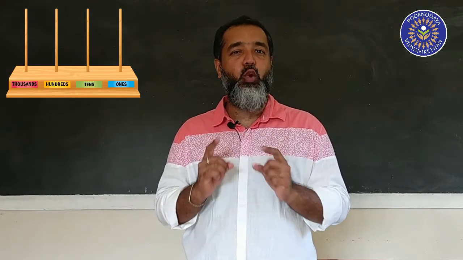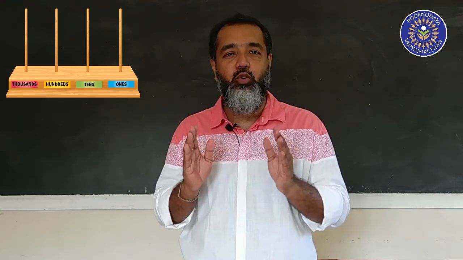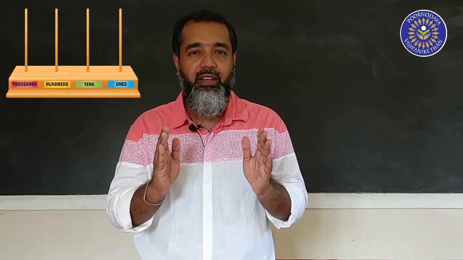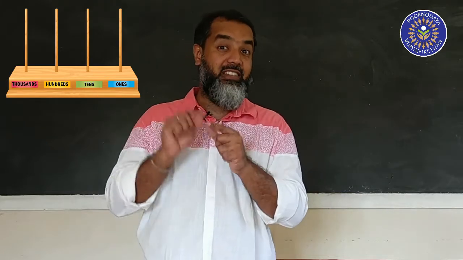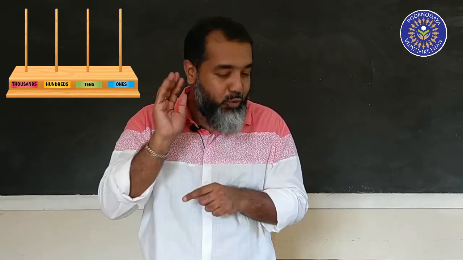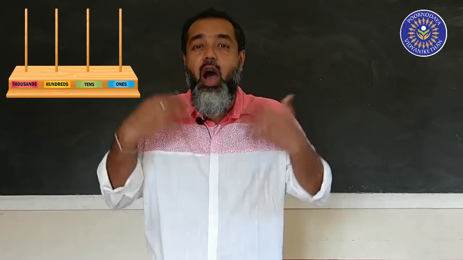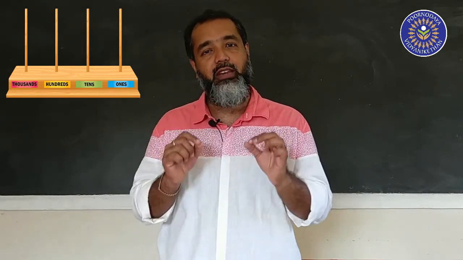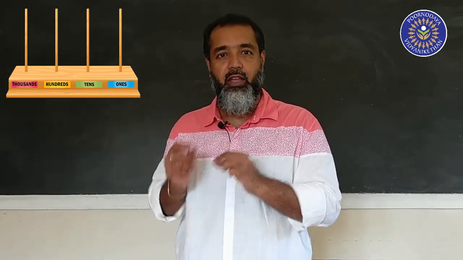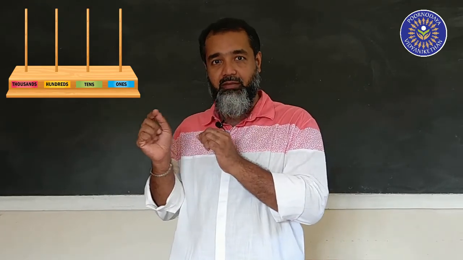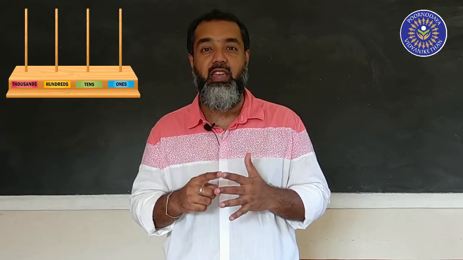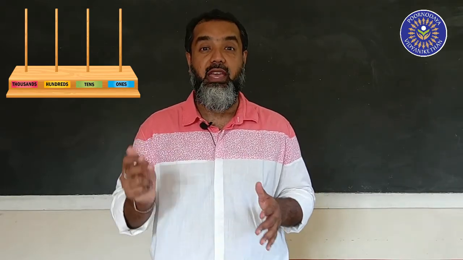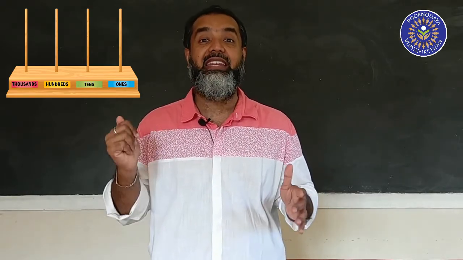We need to learn how to write the numbers in letters. How will we write the numbers? From 0 to 9, it's very simple. 0, 1, 2, 3, 4, 5, 6, 7, 8, 9.